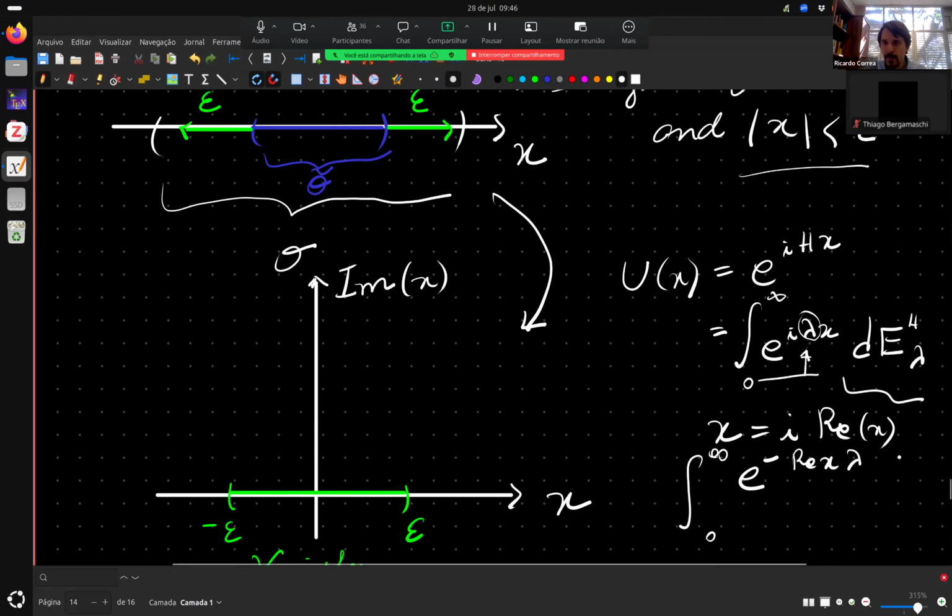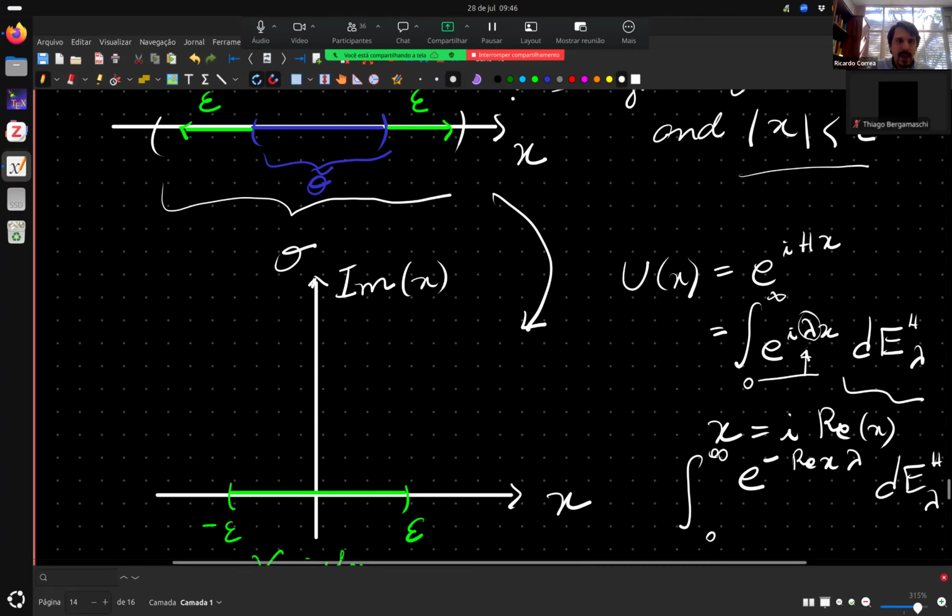So that's important. In the upper half plane, I can extend the action of u analytically.